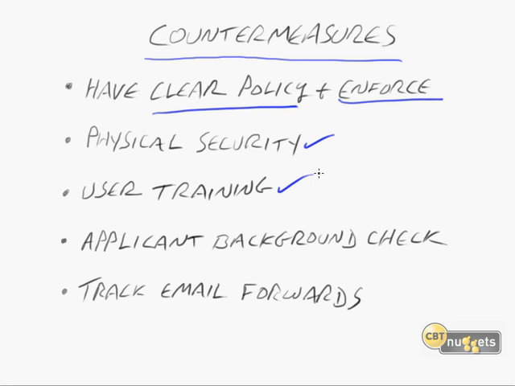Also, you do have to have good user training. This is probably going to implement the policy that they have in writing. It's probably going to be somebody that instructs them on all the company procedures and things like that. And so there has to be good user training into identifying how they could be potentially social engineered.